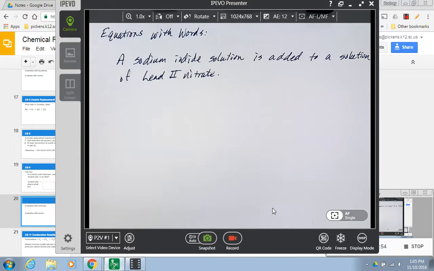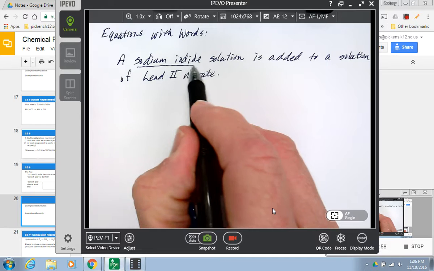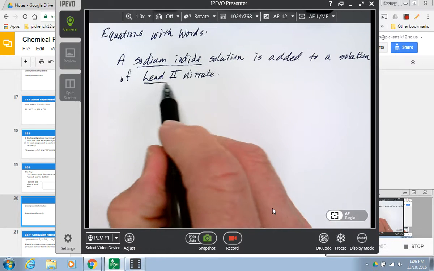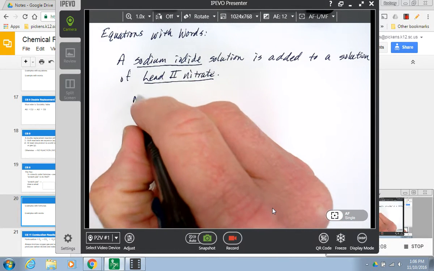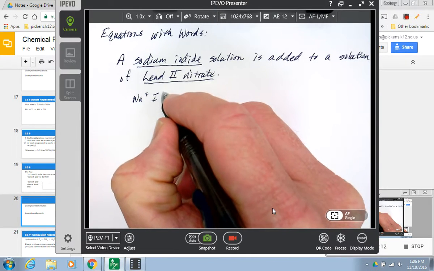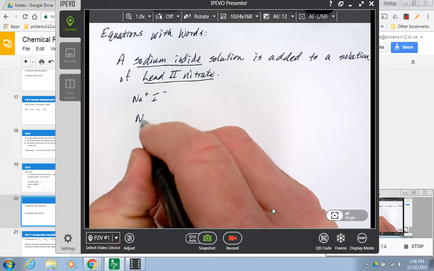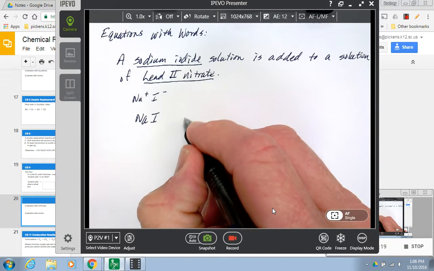All right, so now we have it in words, and we're going to convert this over to a formula. It's still a good idea to underline all your chemical compound names. So we have sodium iodide and lead 2 nitrate. Sodium is Na, check your charge, +1, iodide is -1, so the formula is NaI. Then it says it's added to, so we say plus.